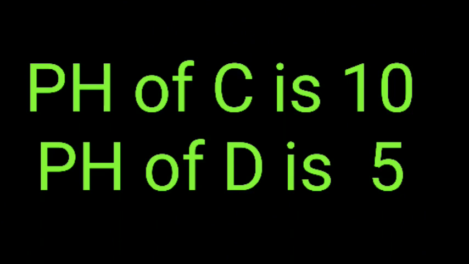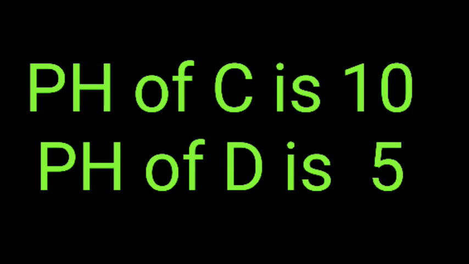Let us take a solution named C with pH value 10, and another solution D with pH value 5. The pH of solution C is 10. The pH of solution D is 5.